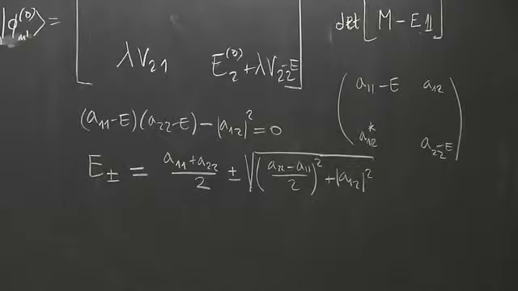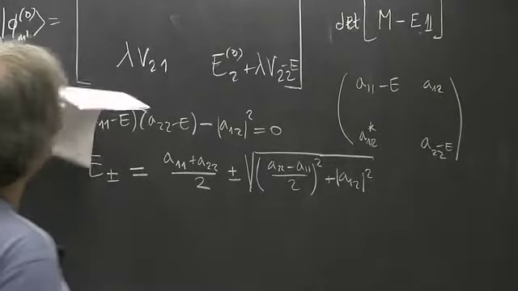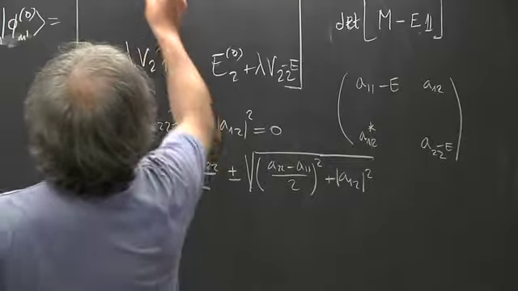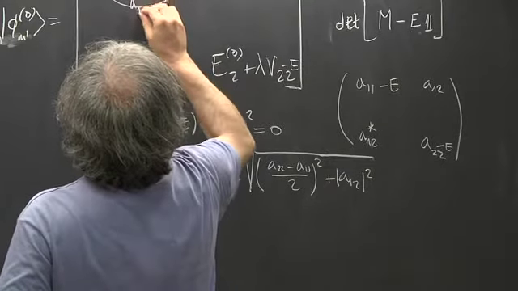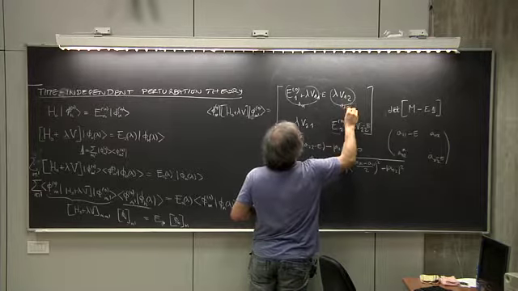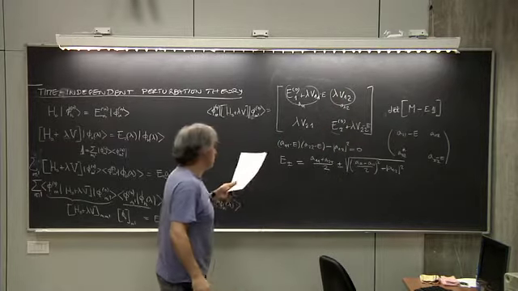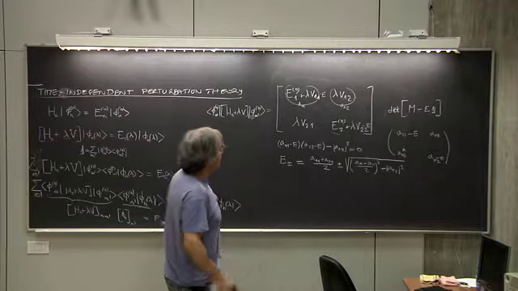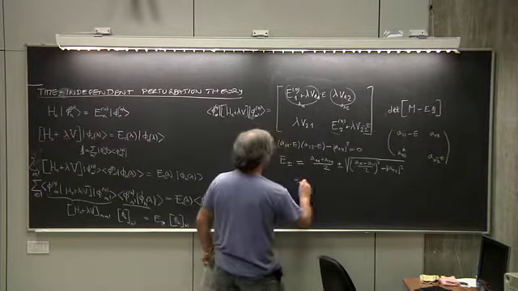Okay? Good. So let us plug this for A11, this for A22, this for A12, and the star. Okay? So you immediately see that you have something like, let me write it here.